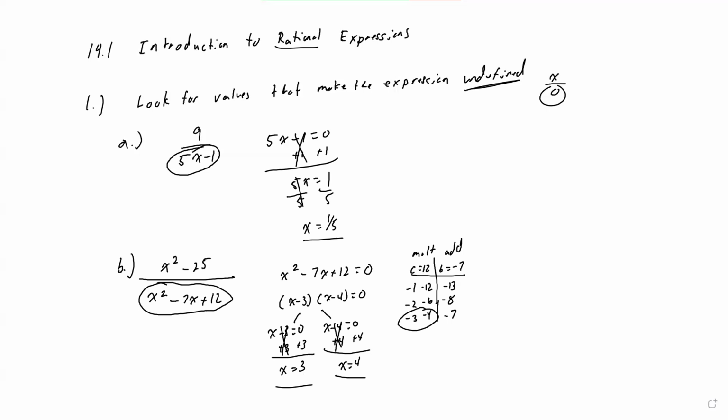Let's look at one more. Let's look at C. Let's look at x plus 8 over x squared plus 16. So again, I only care about the bottom. So x squared plus 16 equals 0. I cannot factor it. So therefore, I'm just going to try to isolate my x. So I'm going to subtract 16. And then I get x squared equals -16.